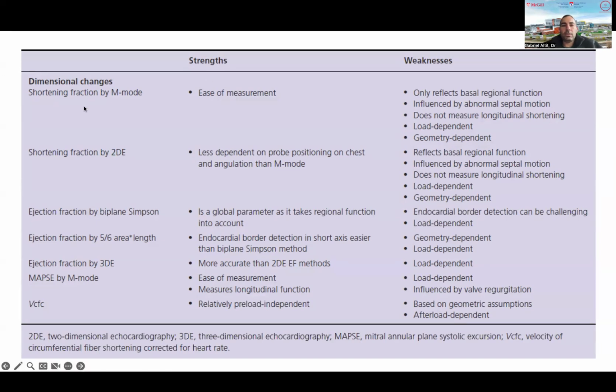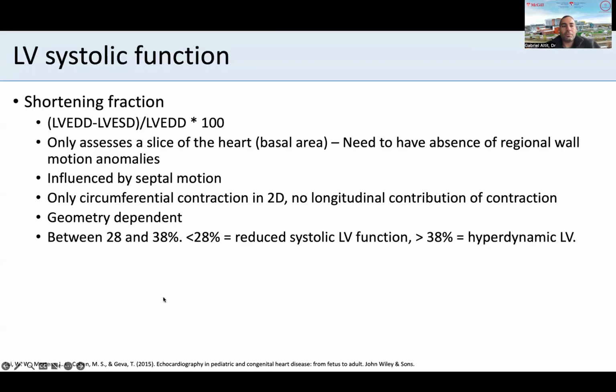There are many weaknesses to this M mode measurement. We're going to talk about ejection fraction. We're going to talk a bit about MAPC and this marker, which is the velocity of circumferential fiber shortening. You should know about it because it's been reported in the TNE literature, especially the early ages of the TNE literature. It's been mostly abandoned, to be honest. It's not something that's used that much anymore.